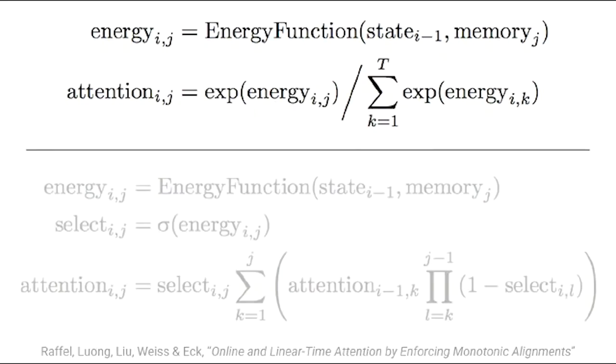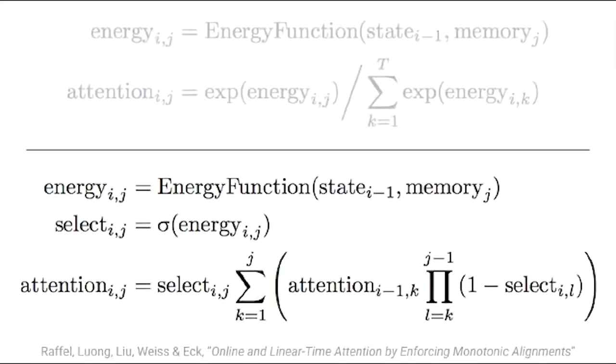At each output time step i, we first compute an unnormalized scalar energy for each entry j in the memory according to some energy function. This energy function is a function of the state at the previous output time step and the entry in memory that we are computing energy for. Then we just take these energies and normalize them across the memory with the softmax function, which is what's shown on the second line. So this is standard softmax attention.